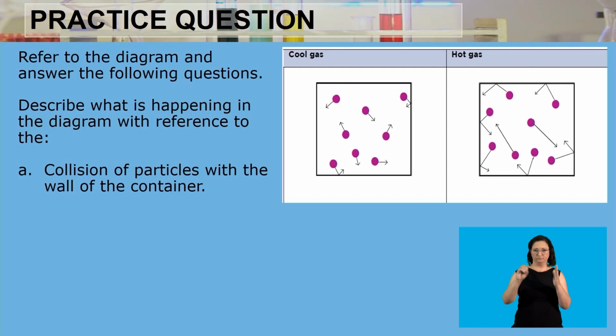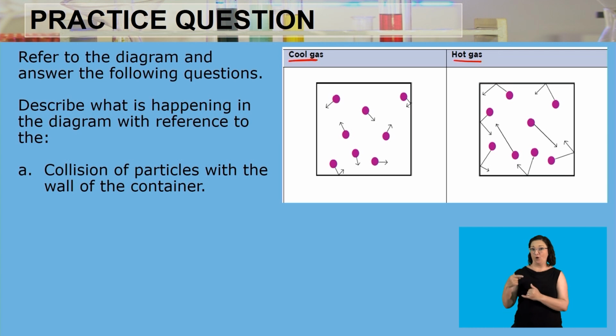So we know that when the gas is cool and comparing that with the hot gas, the cool gas will have the least amount of energy. So the particles that are inside this container will have the least amount of energy. And as a result, the number of collisions between the gas particles themselves and the wall of the container are going to be slightly less at low force.